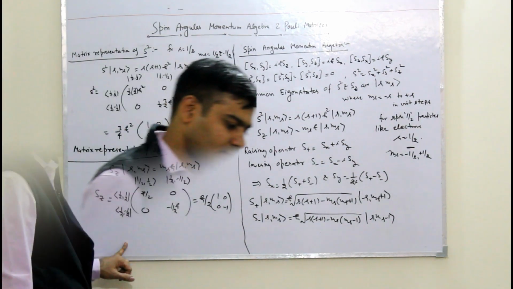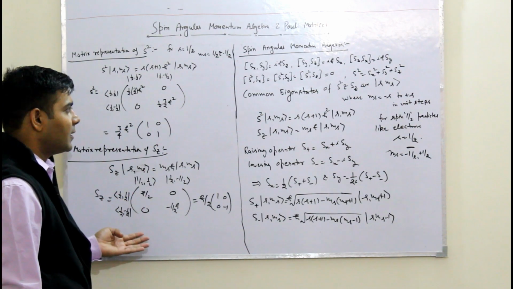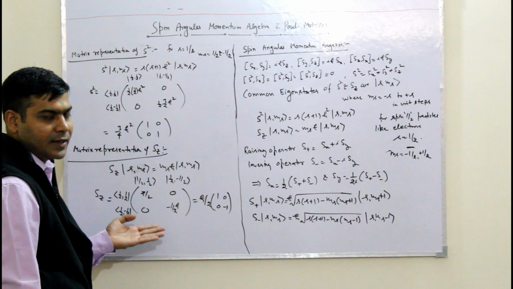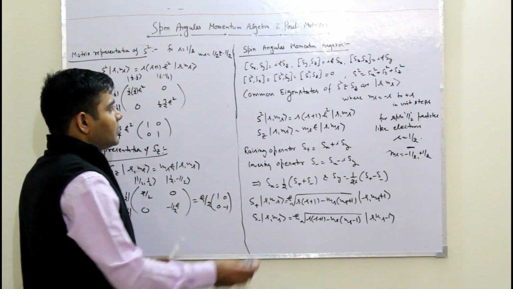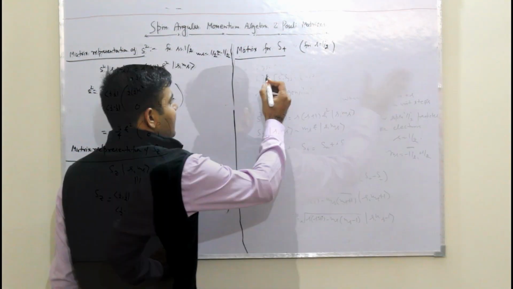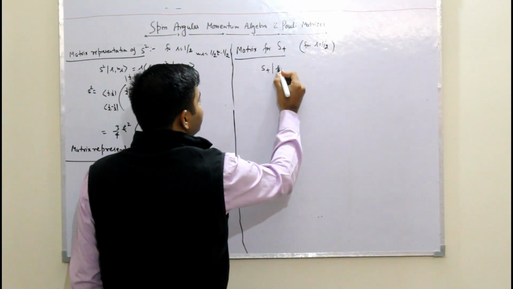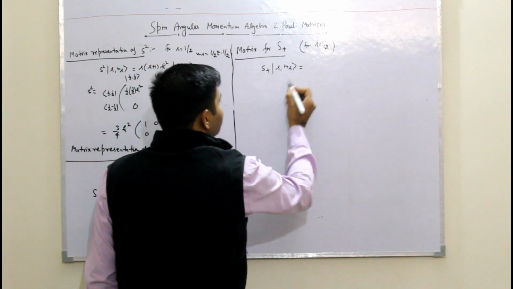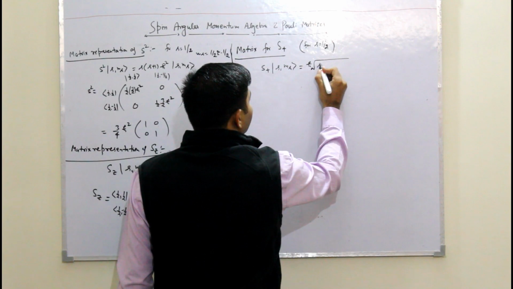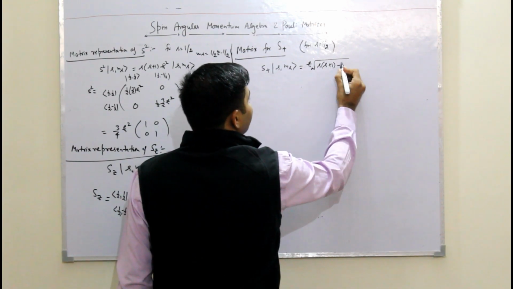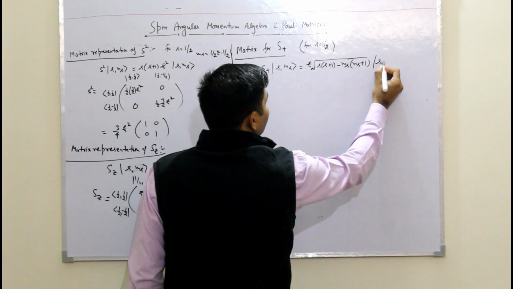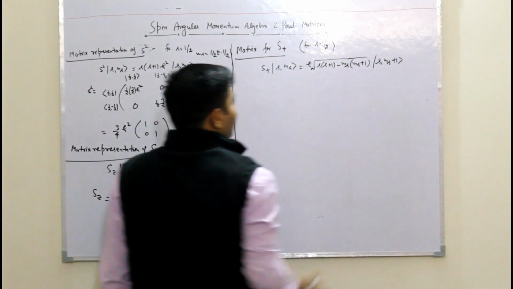Now have a look at the matrix representation of other operators like S plus, S minus, and then Sx, Sy. First, the matrix representation of the S plus operator. It can again be deduced from the action of S plus on s comma ms, which is h cross under the root of s into s plus 1 minus ms into ms plus 1, times s comma ms plus 1.